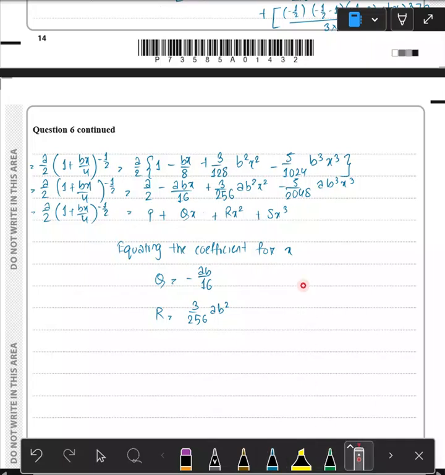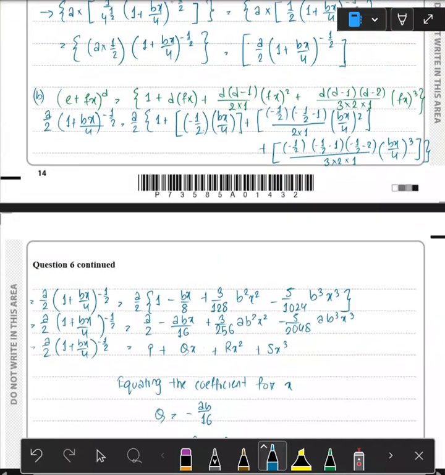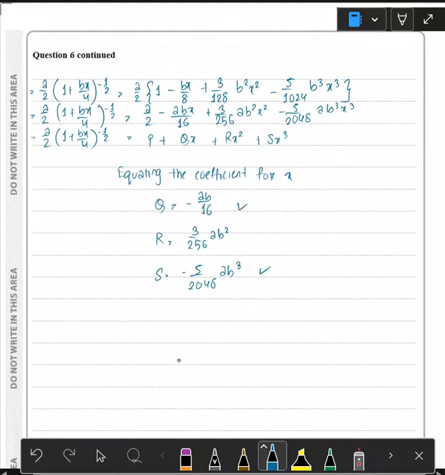And for x cube, the coefficient is s, and here this is negative 5 by 2048 AB cube. So s is negative 5 by 2048 AB cube. Okay, so they have access, I think, to show just a and s, so this and this.